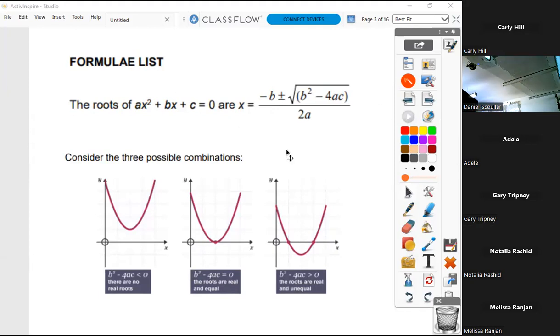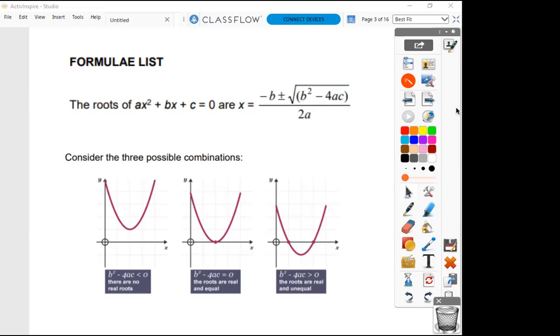Okay, so what am I talking about? The factorization, the formula that we use. Talking about this here.